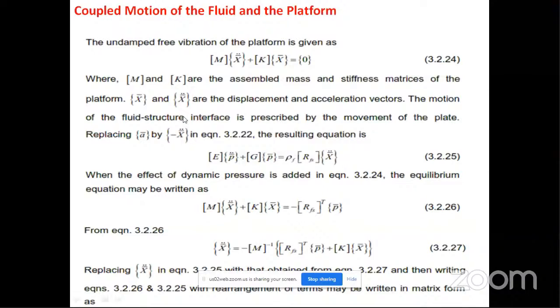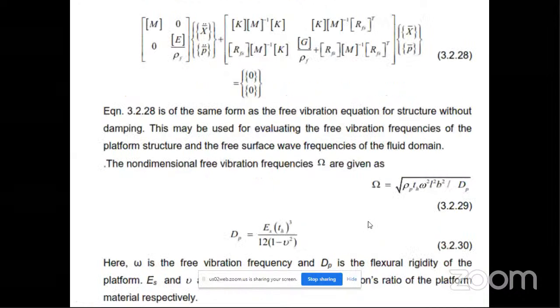Then the fluid is changing these conditions. So if I put in the fluid part, the resulting equation I am getting is in this form. One is M x double dot plus K x, then the net result is this R F S transpose. This term is your connecting term.